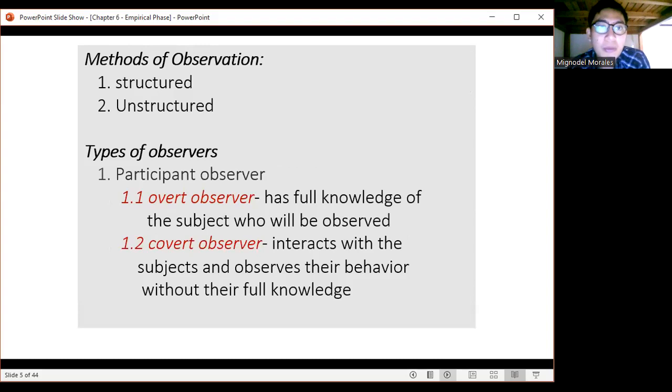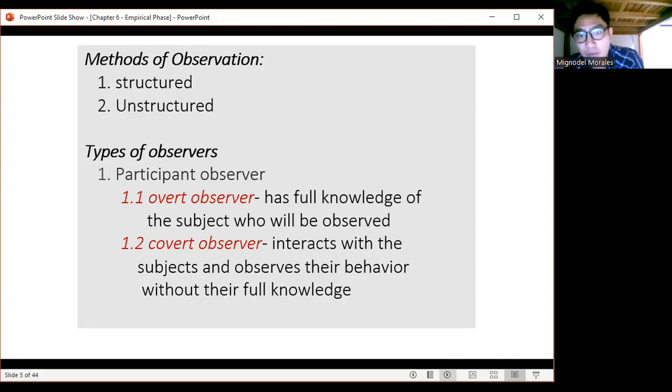Okay, so for methods of observation, we have structured and unstructured. In types of observer, we have the participant observer. As a participant observer, you are involved in some of the practices. You have the overt observer, where you disclose that you are a researcher and you are doing this to gather data.